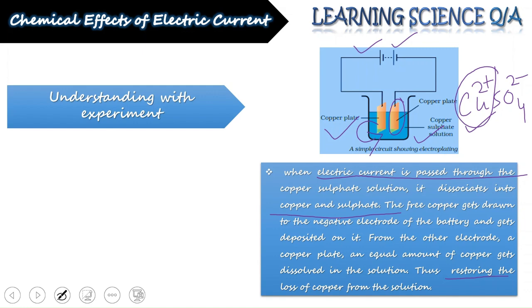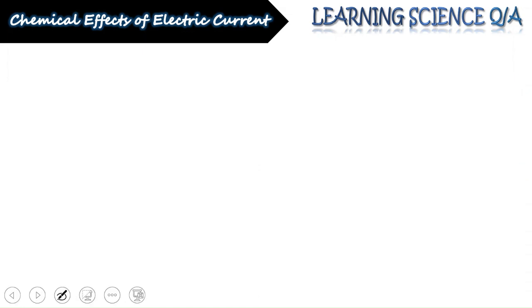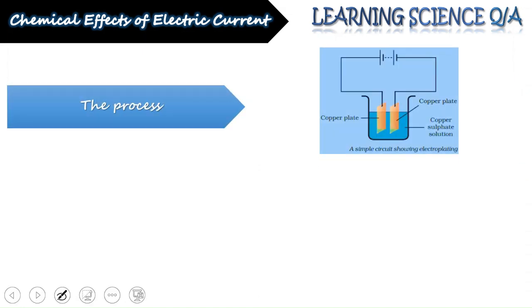Now, the same process can be used if we want to give a coating of copper to another material. Let's see how the process of electroplating actually takes place.